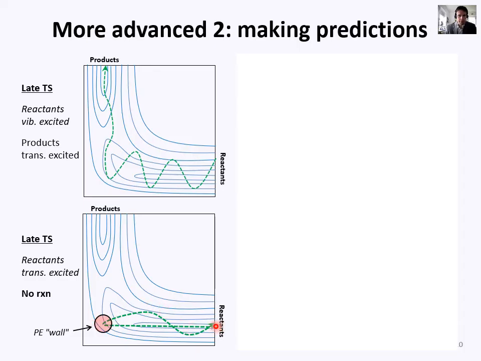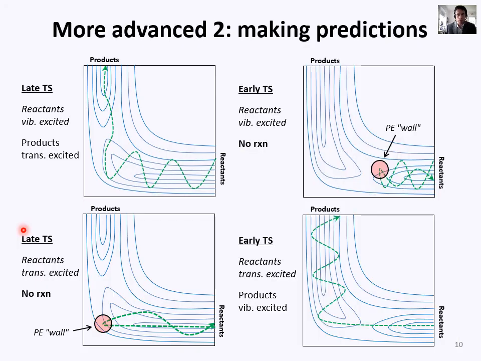So that gives you a kind of prediction of what might happen in terms of such a transition state. And likewise, you can do the same thing for an early transition state. If you have an early transition state, what might happen is you never quite get over that potential energy wall if you have vibrationally excited reactants, whereas if they're translationally excited, they might just skip straight over it, and you'll end up with vibrationally excited products. Okay. So these are sort of vague predictions you might be able to make using these potential energy surfaces.